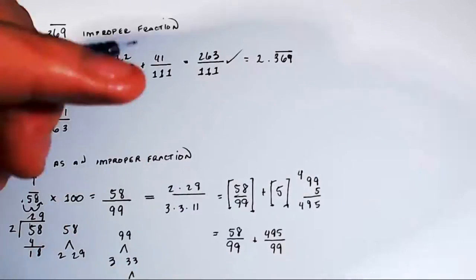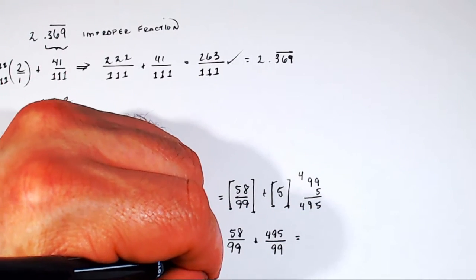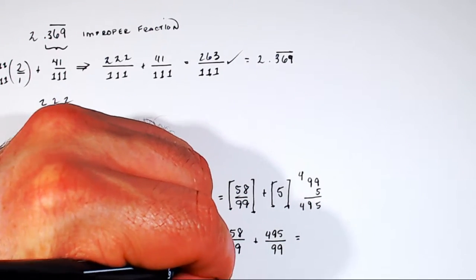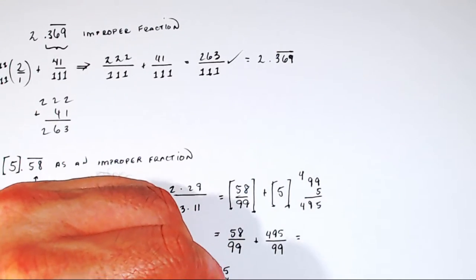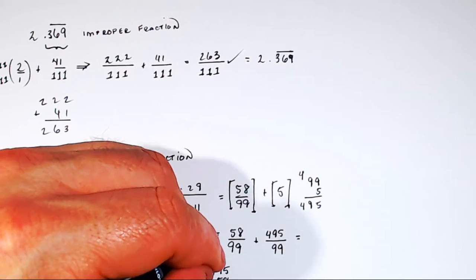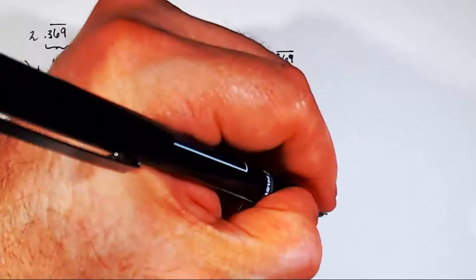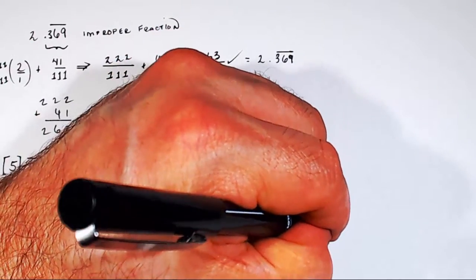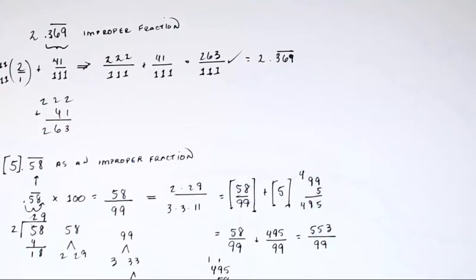Okay, good. All right, so now we will add 495 to 58, and 5 plus 8 is 13, 9 plus 5 is 14, plus 1 is 15, and 4 plus 5. So I now have 553 over 99.